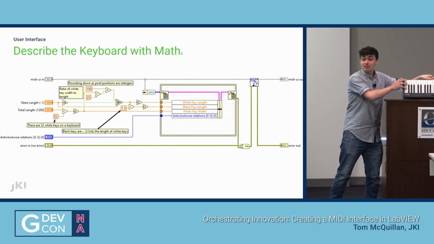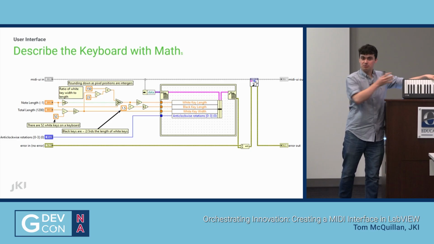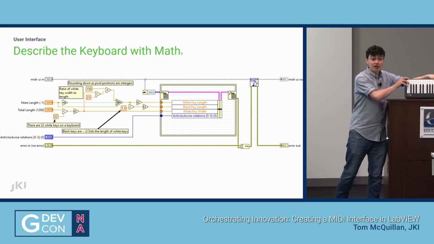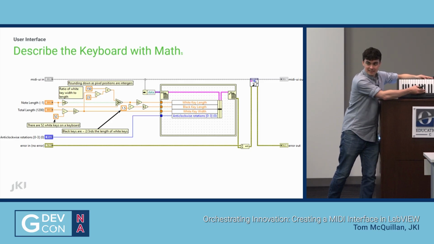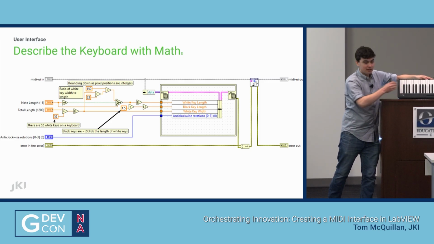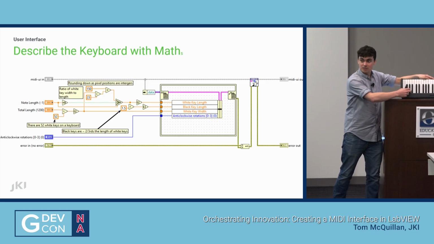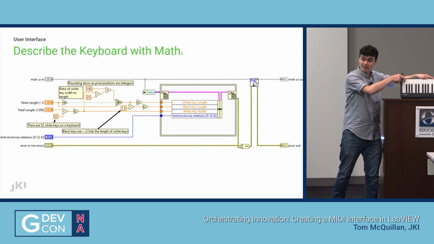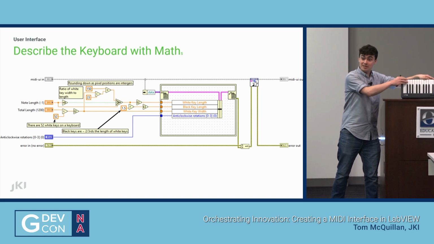But I can describe this using math because it has 55 white keys, or if it was a proper sized piano, 55 white keys on this side, but on this side it has 88 keys. So I can divide my 2D picture control by 88 for the white and black keys, or 55 for the white keys. I know that a black key is 2/3 of the length of a white key.